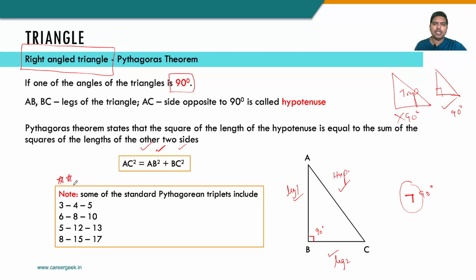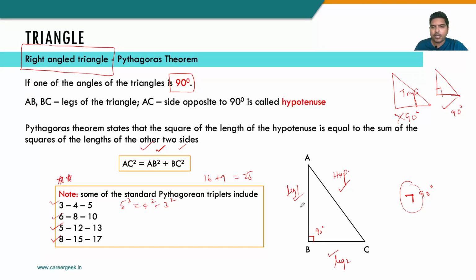And you can remember these standard Pythagorean triplets. If you remember this, you need not waste a lot of time in calculating the values. 3, 4, 5. Why? Because 5 square is equal to 4 square plus 3 square, 16 plus 9, right, which is 25. Similarly, 6, 8, 10, 5, 12, 13, and 8, 15, and 17.